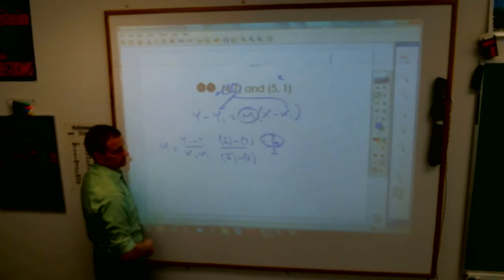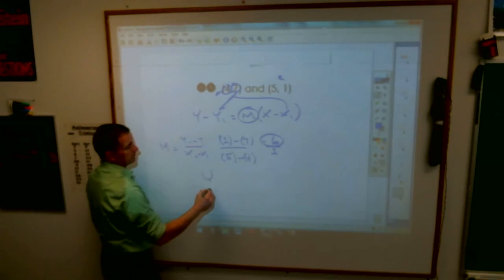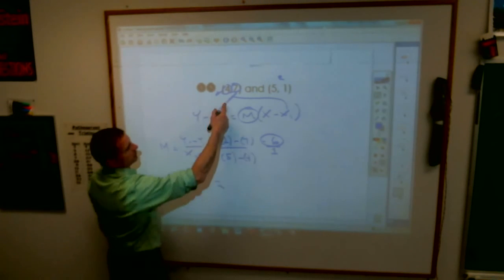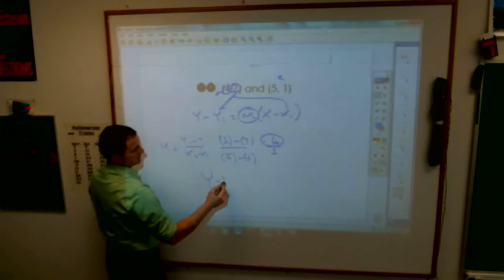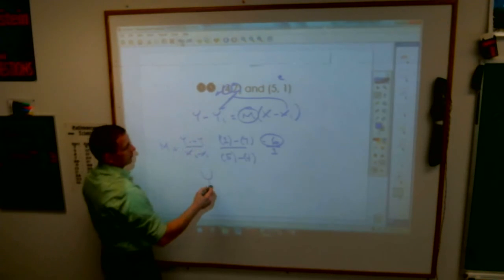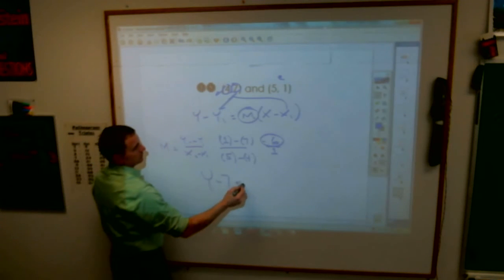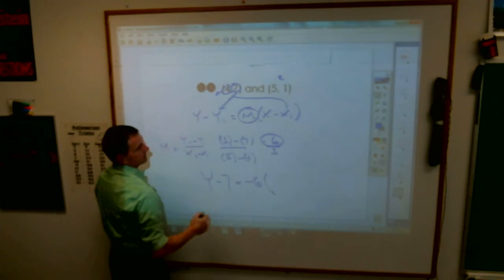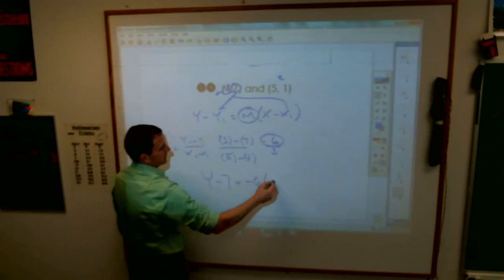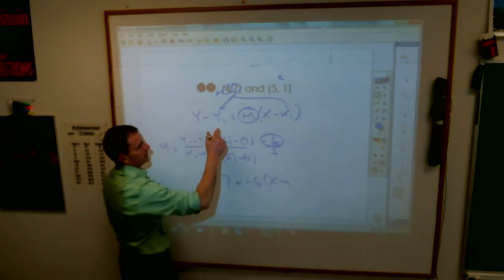So when you write the formula down, I put my y in for y sub 1. Y minus 7 equals -6 times x minus my x point, which was 4.